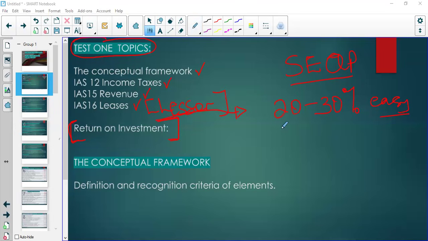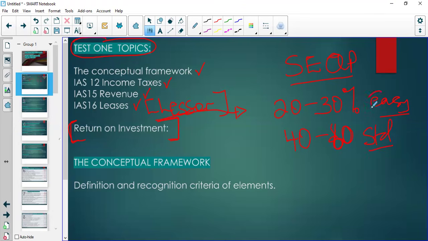Then you're going to have something like 40 to 60% of a paper that should be standard at your level, very manageable.